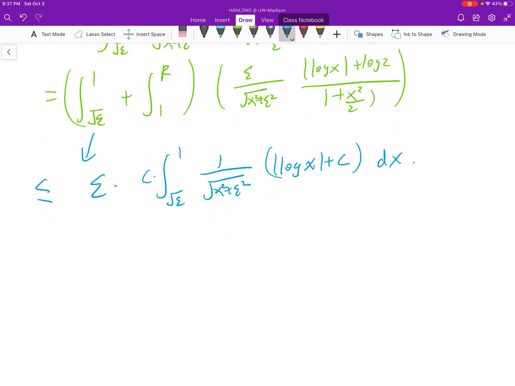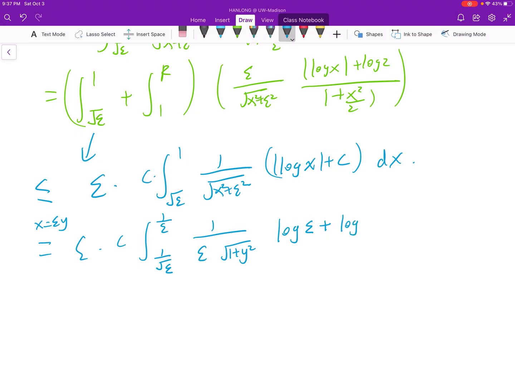And then if you use u substitution, you have x is epsilon y, then you have this is 1 over epsilon, 1 over square root epsilon, 1 over epsilon times 1 plus y squared, and the log epsilon plus log y plus c times epsilon dy.